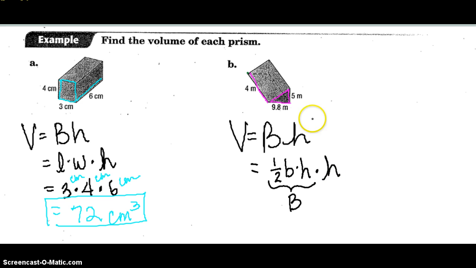So let that soak in. Our triangle has a formula, 1/2 its base times its height. Then we take the outcome of that whole base right there times the height of the whole prism, which was 4.